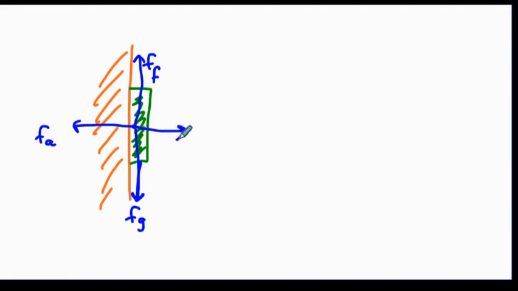We also have a force here to oppose the applied force. Once again, this is the normal force. Remember that the normal force is perpendicular to the surfaces. The surface of the book and the surface of the cabinet is right here, so the normal force is perpendicular to that.